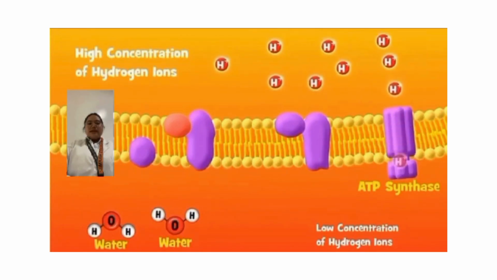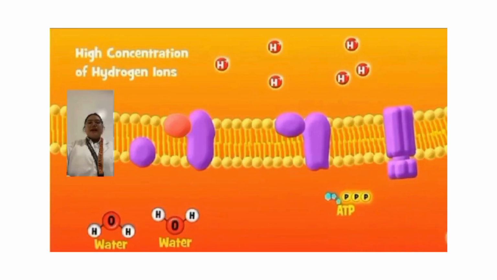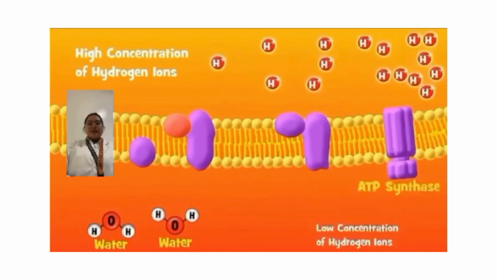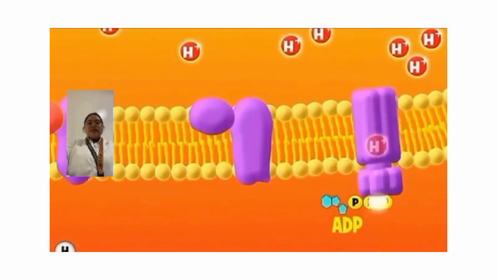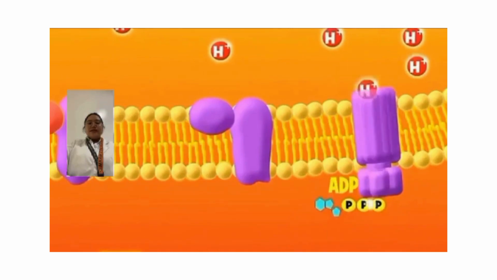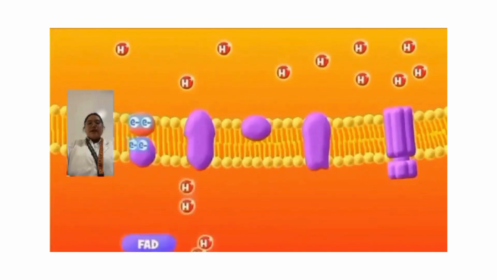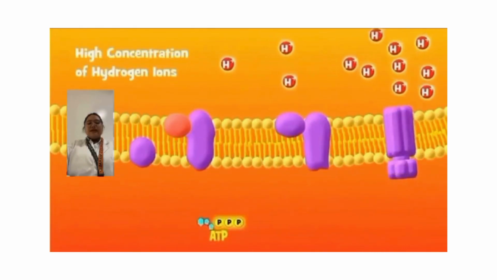This facilitated diffusion of hydrogen ions through ATP synthase acts like a tiny turbine, spinning as the ions flow through. This spinning motion powers the production of ATP, the energy currency of cells. It's like a microscopic hydroelectric dam generating ATP instead of electricity.